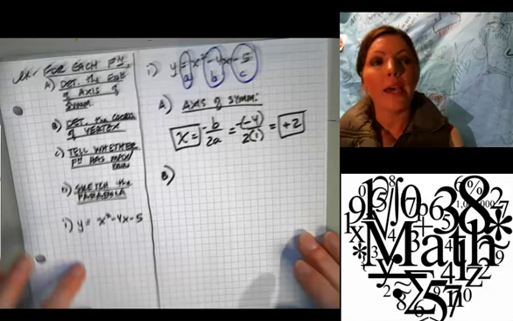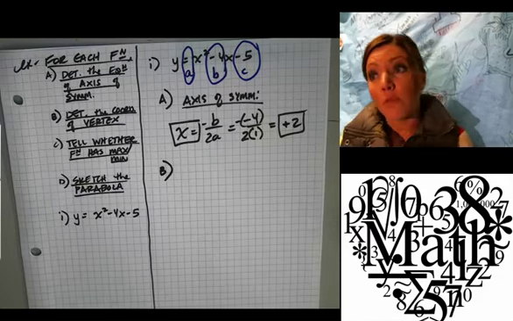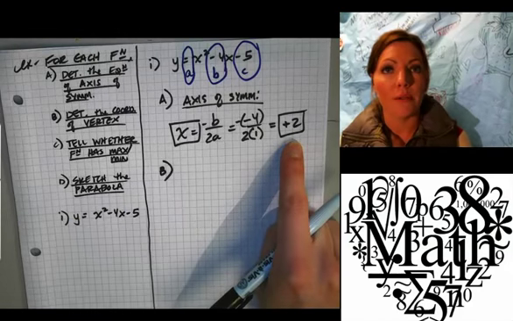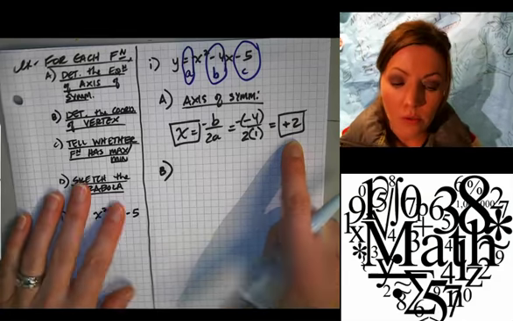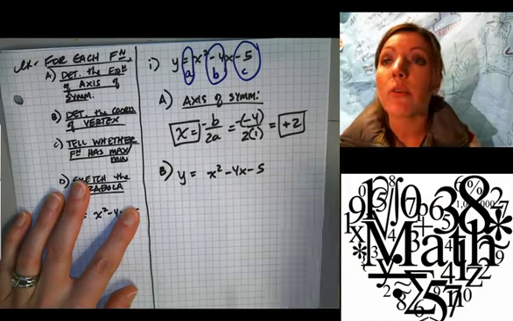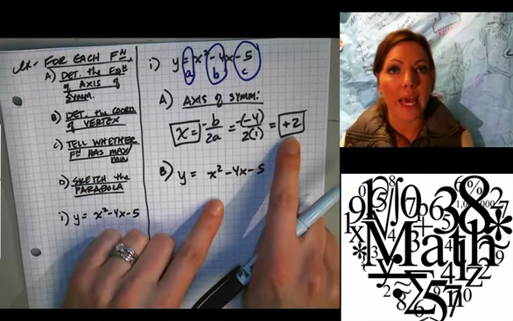Okay, so then the vertex, what did we do before? We've done this before. What did we do with this x-coordinate to find the y-coordinate of the vertex? Plug it in to what? The equation, where c is -5. Okay, so how do I find the y that goes along with this x?